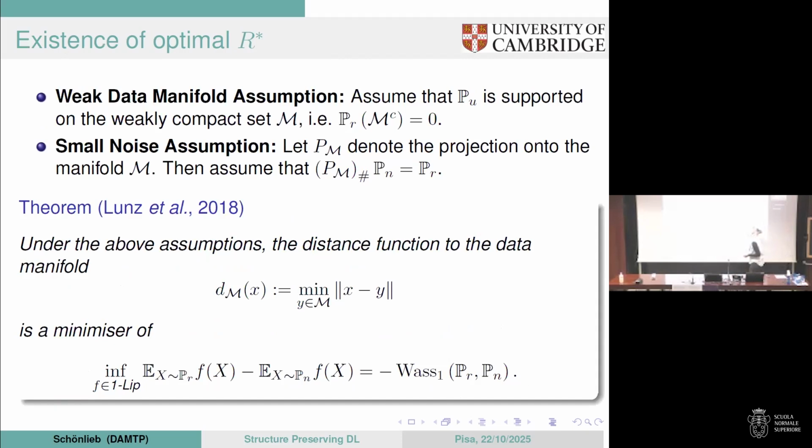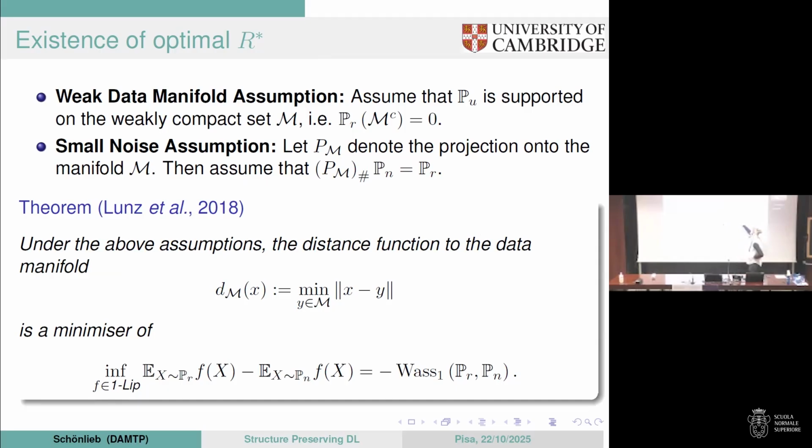And the other one is existence of such an optimal R star. For that, we needed some additional assumptions on the distributions Pn and Pr, which I've formulated here more in the machine learning sense. Namely, you need what is also called the weak data manifold assumption, that your distribution Pr, your set of desirable images, is supported on a weakly compact set.